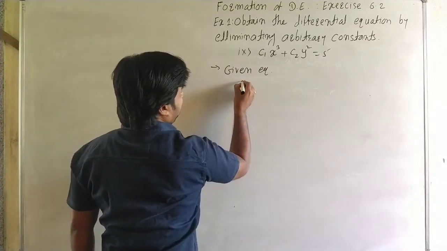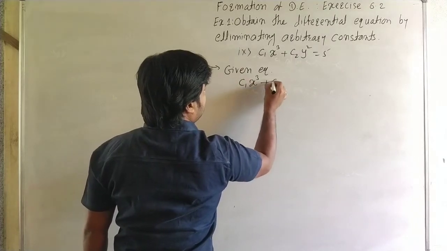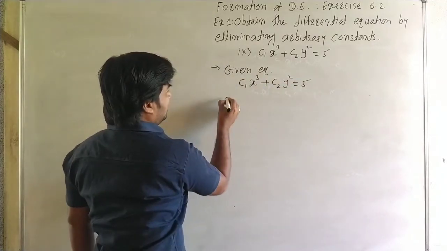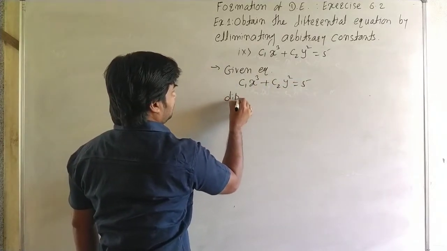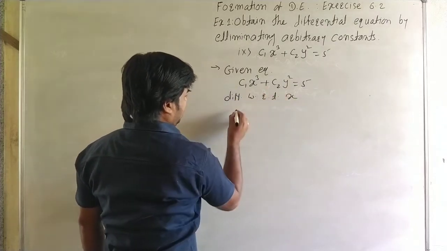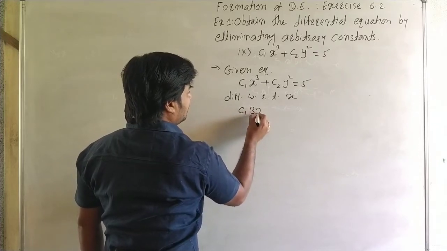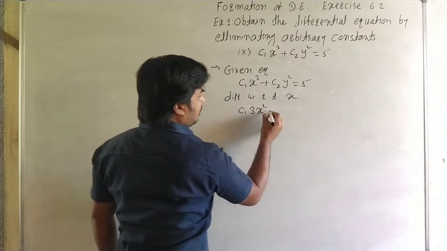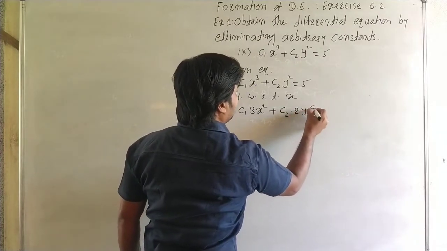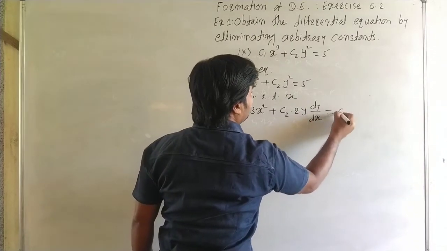The given equation is c1x cube plus c2y square is equal to 5. Then differentiate with respect to x. Here it is c1 into 3x square plus c2 into 2y dy by dx is equal to 0.